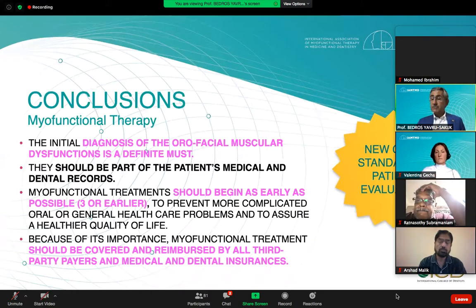In most cases, a collaborative approach is necessary, with the participation of the proper specialists in medicine, dentistry, and myofunctional therapy, for a more efficient, complete, and comprehensive treatment of the patient.